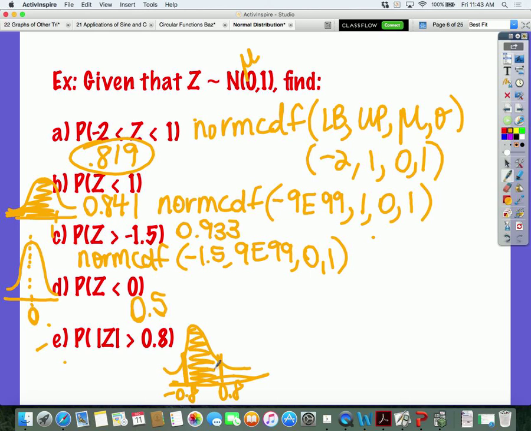So find this probability that's in between, doing it the way that we did A, B, and C, more specifically A, because we're bounded in between those. So probability, lower bound, upper bound, mean, standard deviation, and then that answer, do 1 minus it.